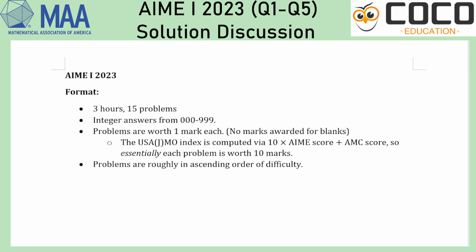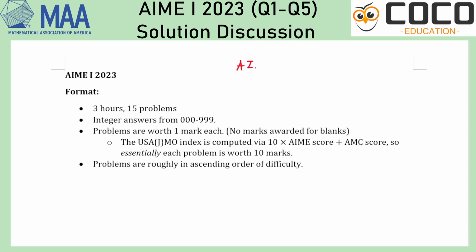But in effect, each question is kind of worth 10 marks if we are benchmarking it to the AMC. The reason is because the AIME plus the AMC is what's used to determine qualification for the USAMO/USAJMO. How it's computed is just 10 times your AIME score plus the AMC score, which effectively means that your AIME questions are each worth 10 marks.